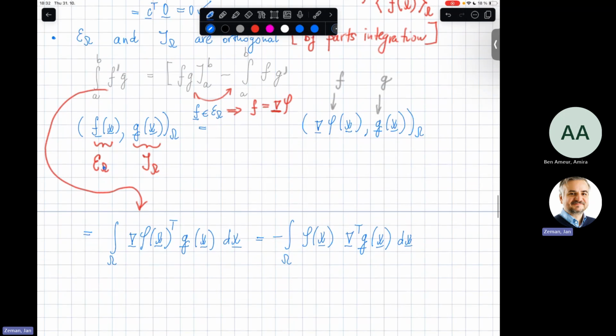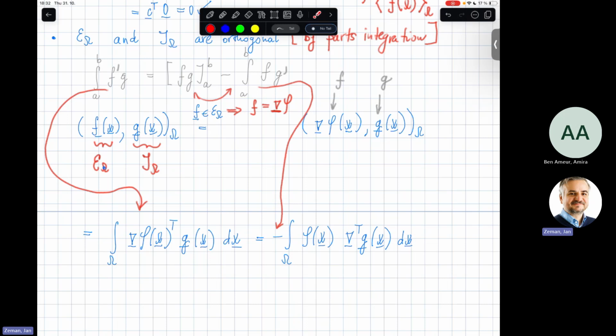If you would like to identify it in this one-dimensional formula, this is precisely this term, right? So I got this original function multiplied by the derivative of this g, and if you just expand what these gradients mean, it can be shown that this is what you get.